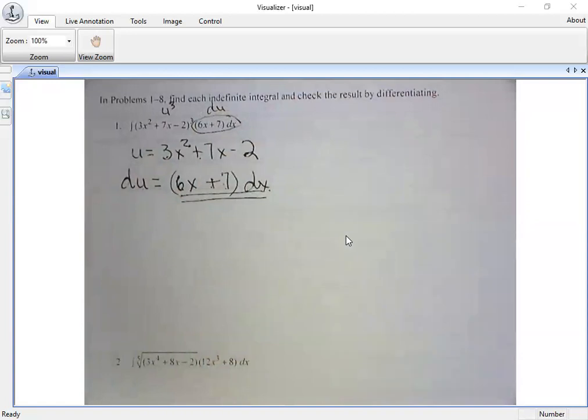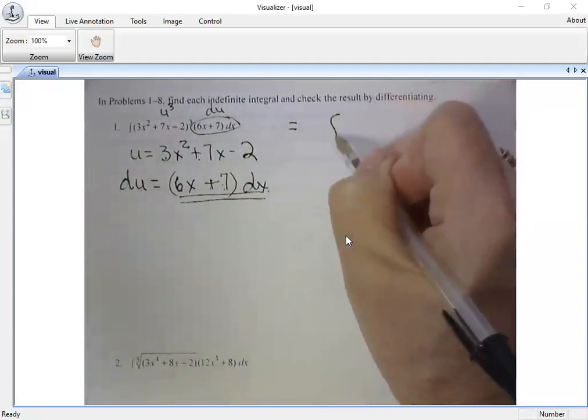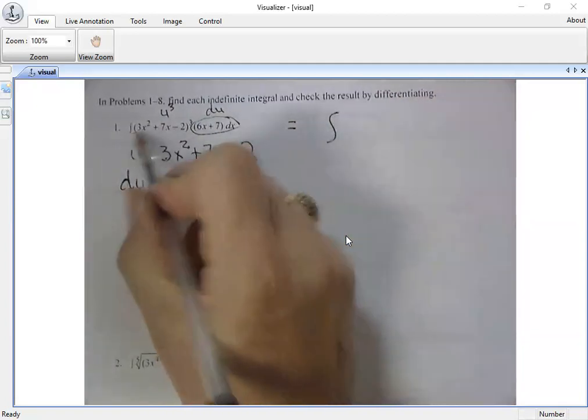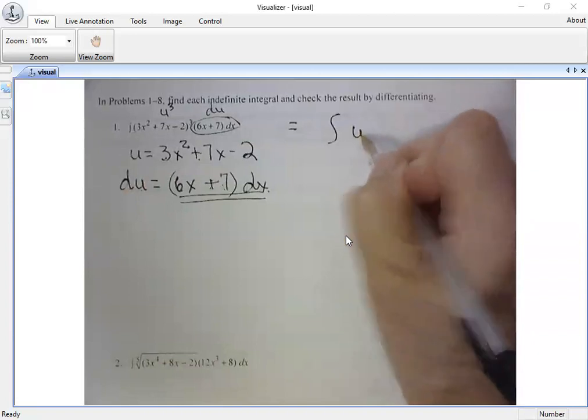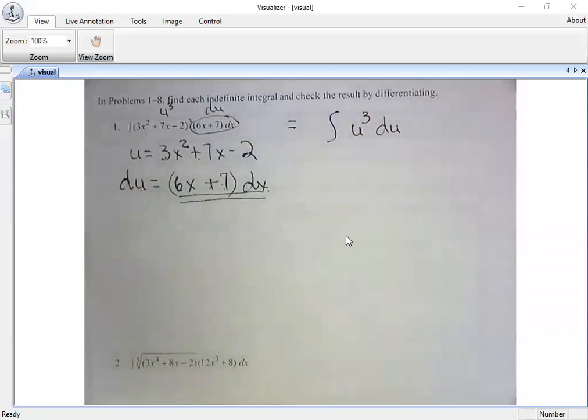I've got replacements for everything. So what that means is I could now integrate by just writing this as u to the third du. Does that make sense? I just changed the x's to something else that was easier to work with.